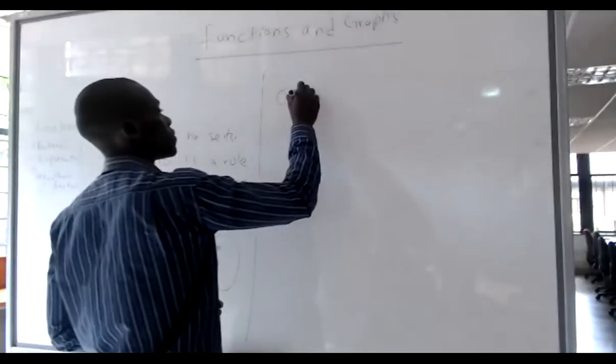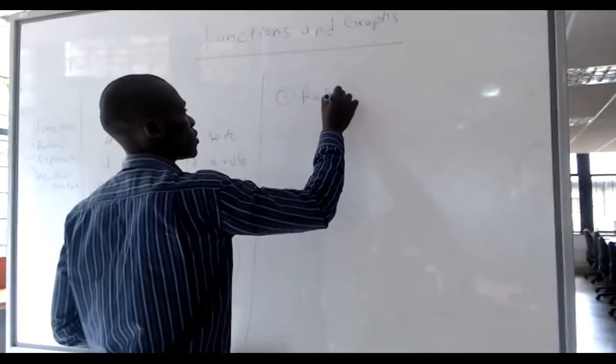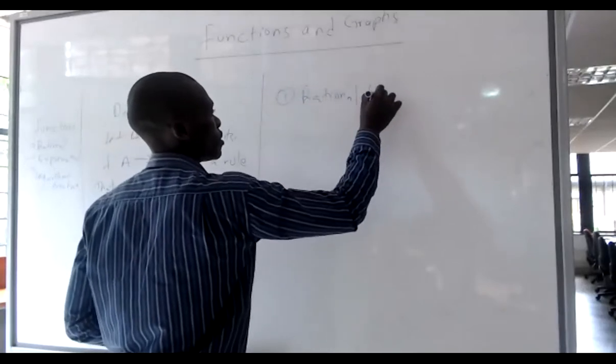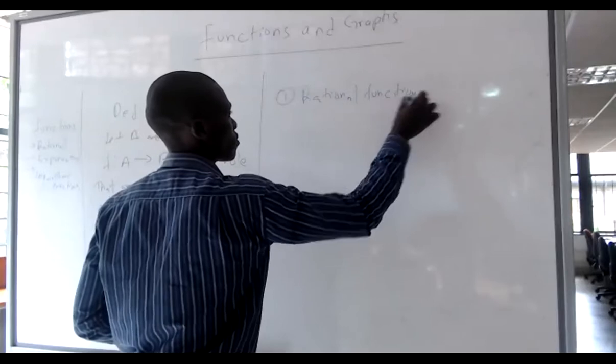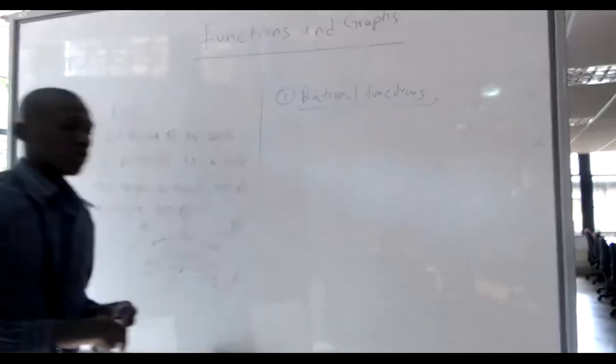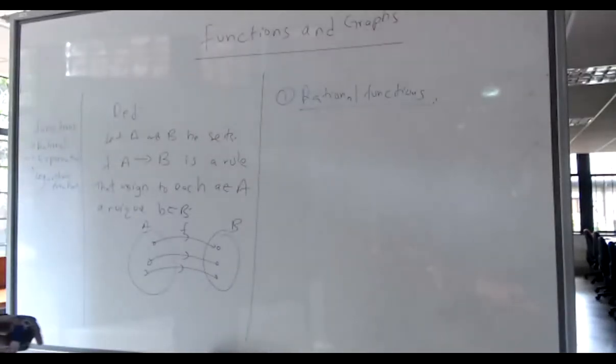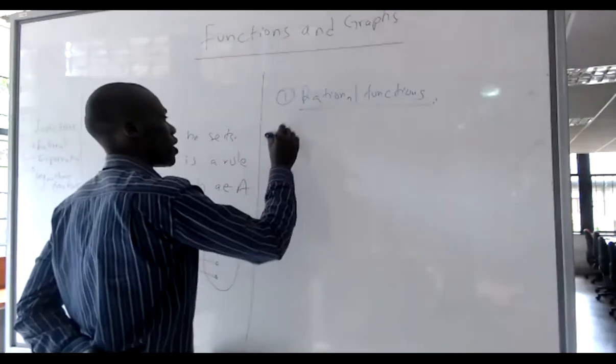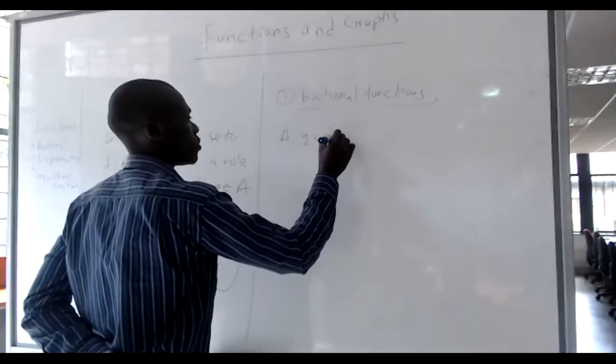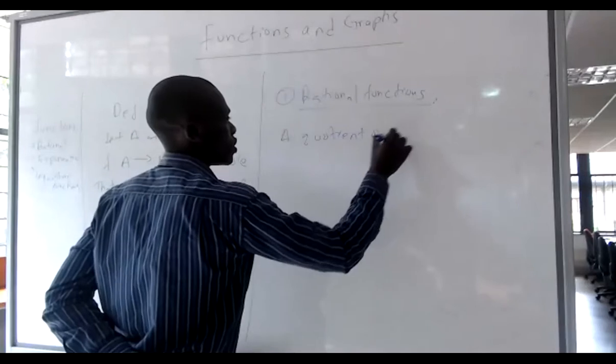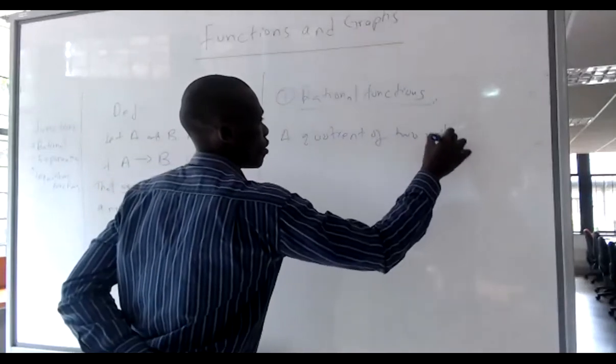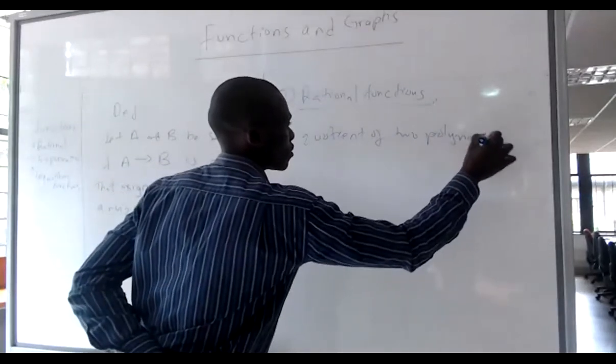So firstly, rational functions. We have done polynomials. So a rational function is a quotient of two polynomials.